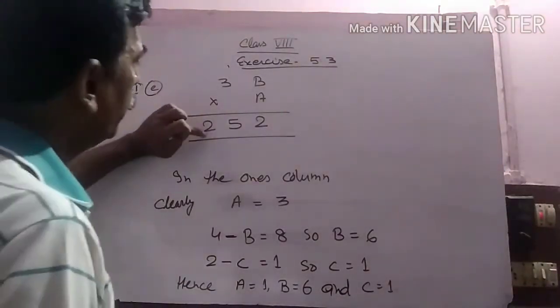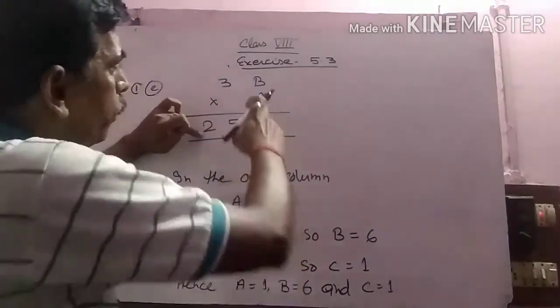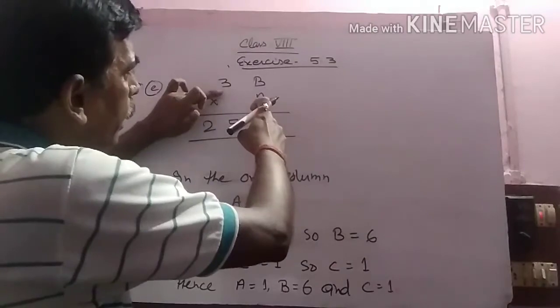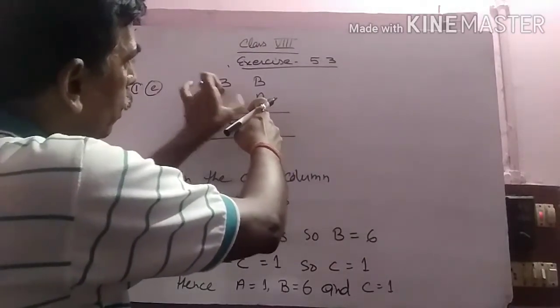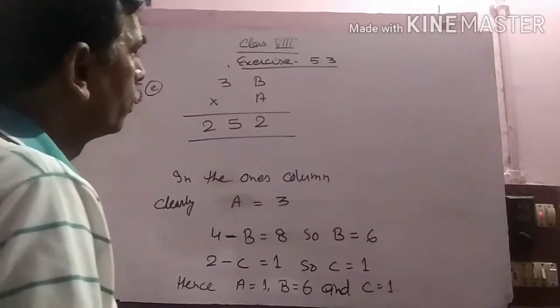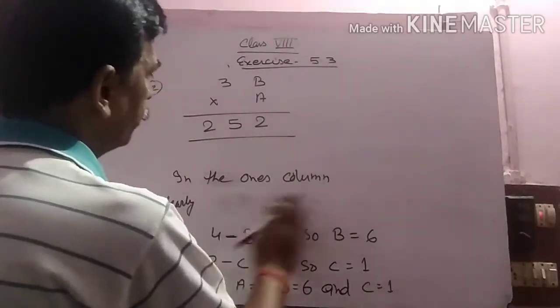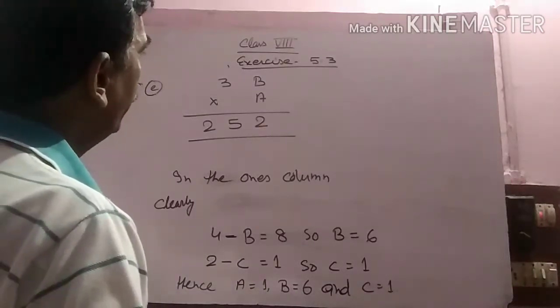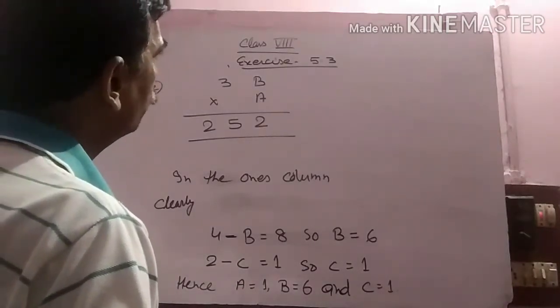But look here, it will be 25. So if you write here A is equal to 3, then 3 threes are 9 only. So we must know the number which multiplied by 3 becomes 25. So A is equal to 8.